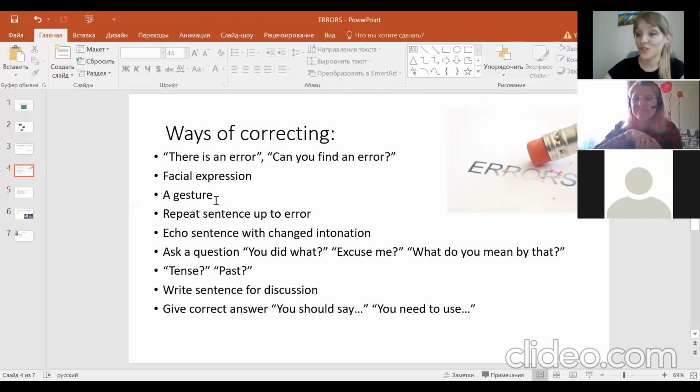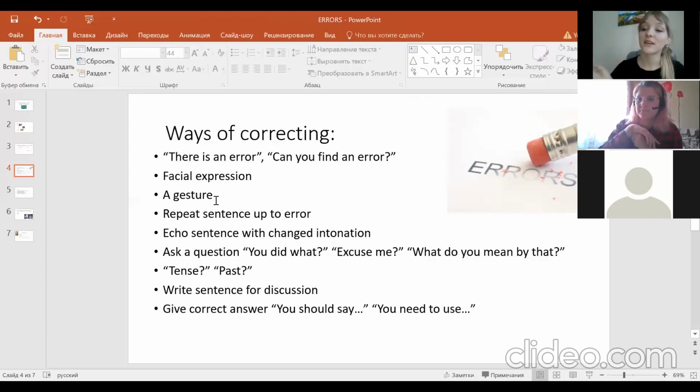Or you can use a gesture, as I showed you before, like past. Or there's also a kind of finger correction, where you show a sentence like "she has wrote a letter" and you just show your finger. I don't use it much, to be honest. I'm not a big fan of it, but I know some teachers who do it.